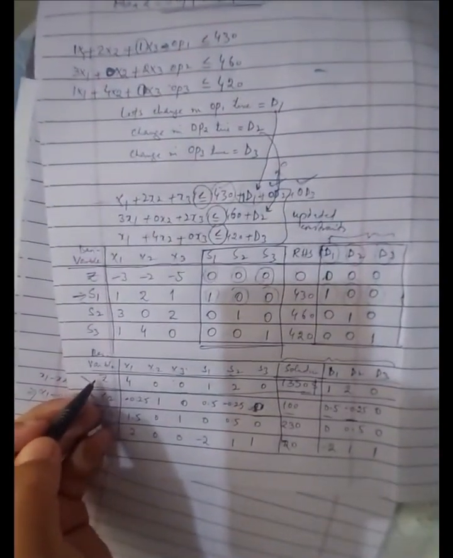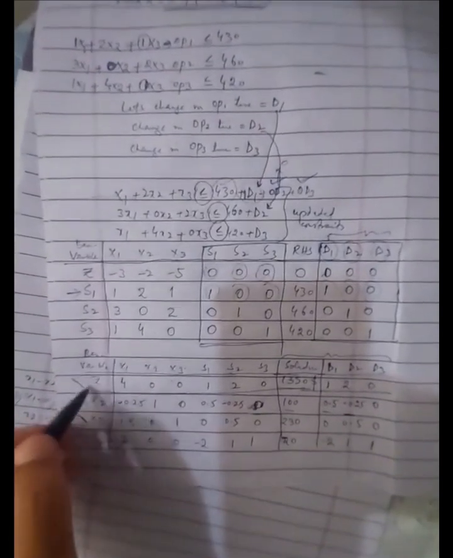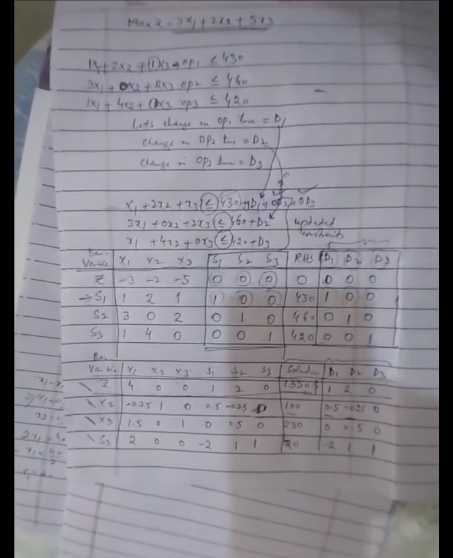What does it mean? X1 is not in the basic variables. Any variable that is not present here is 0. It means that the trains produced are 0.